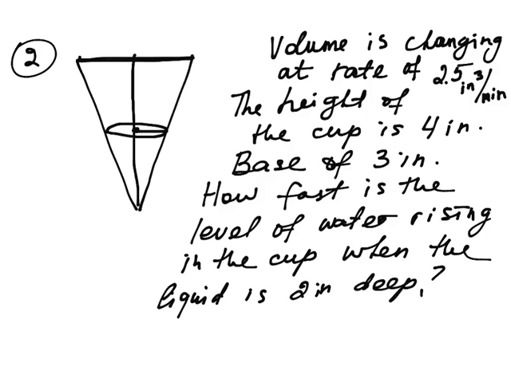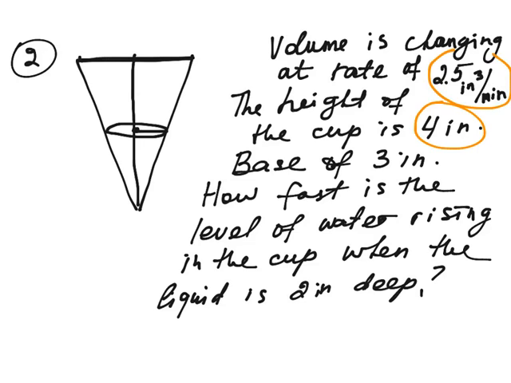So here's another good problem. You have this conical shape, it's a cup, and it tells you the height of this whole cup is 4 inches. Sometimes they give you unnecessary information that you don't even need. That's how they trick you. It says right here that the volume is changing at the rate of 2.5.